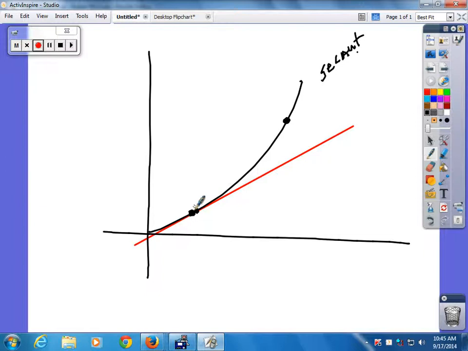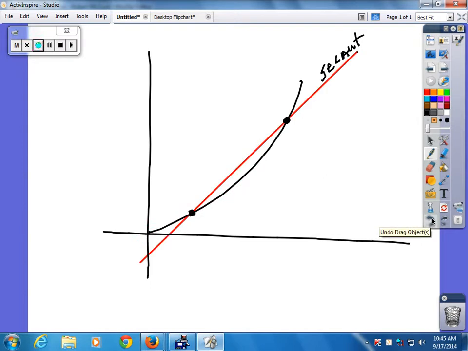The secant line that you had before turns into the what? Tangent line. And that's what you learned in the first semester of calculus. All right, now let's go back to what we were doing. I'm just showing you this to show you why this is so important. And take away the secant.